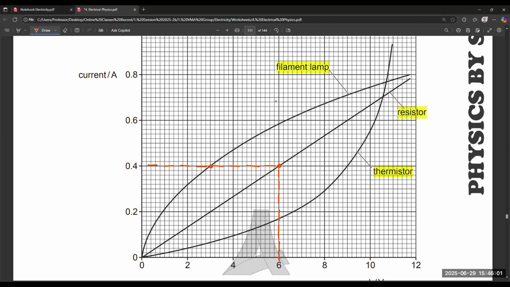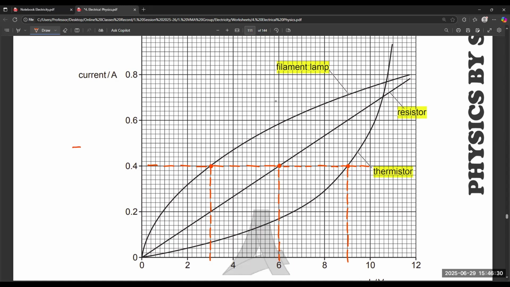you can see we can find the points intersecting with this horizontal line for the other components, and we can find the value of voltage from the graph easily. This is the value for the filament lamp, and this is the value for the thermistor.